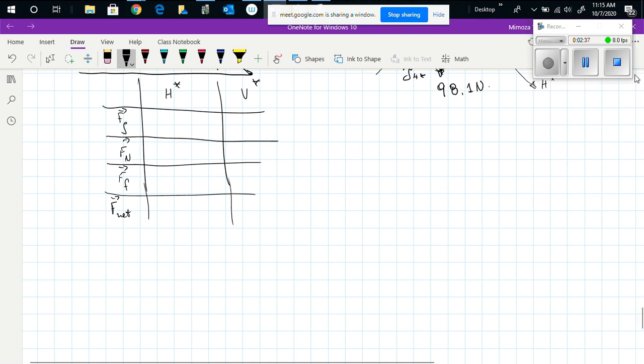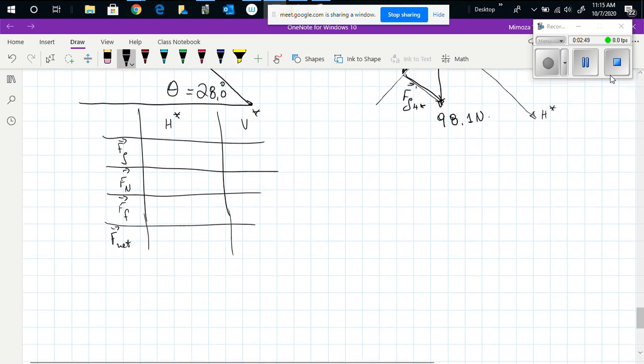So now, the horizontal component of force of gravity is not equal to 0. It is positive because it is in the same direction as the new horizontal axis, and will be 98.1 times sine 28 degrees.